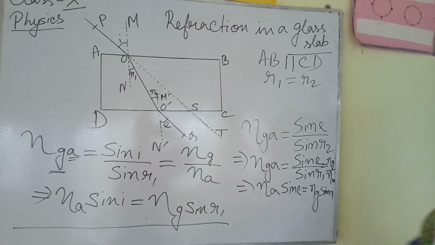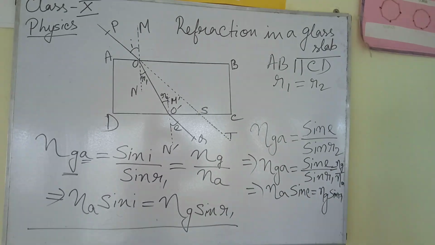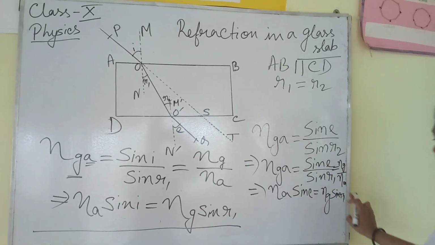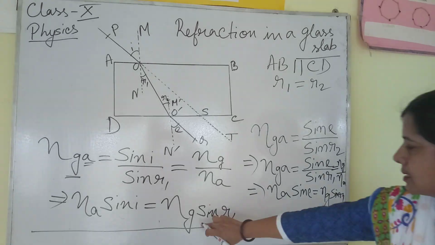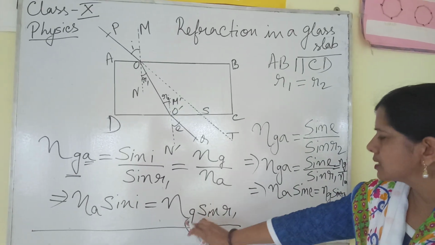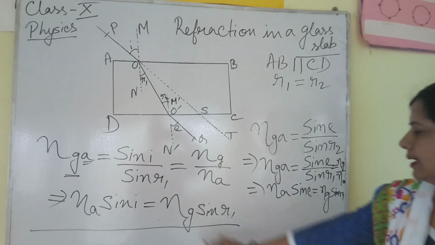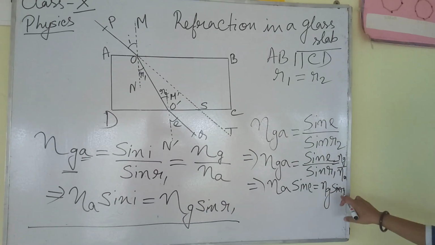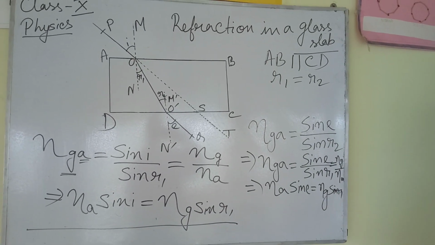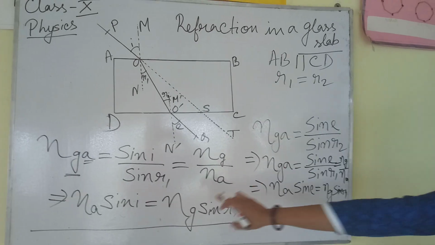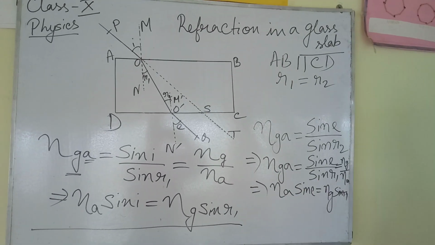This is one equation and this is another equation. Now this one and this one are equal. This one is known as nu. Nu means refractive index. Nu G sin R1 and nu G sin R1 are equal. So I can consider these two equations equal.